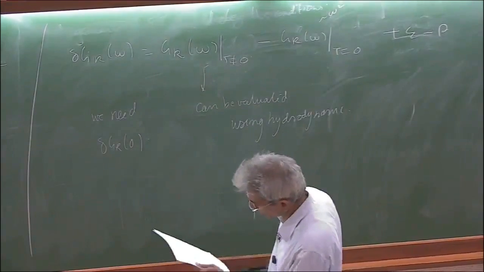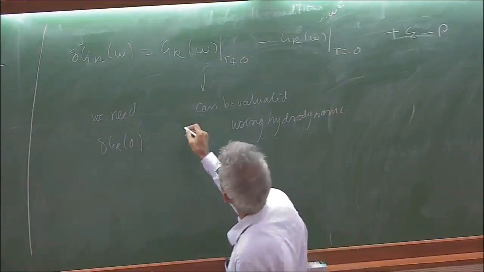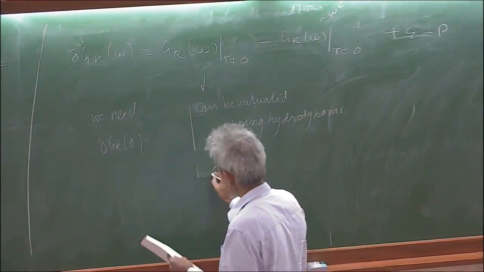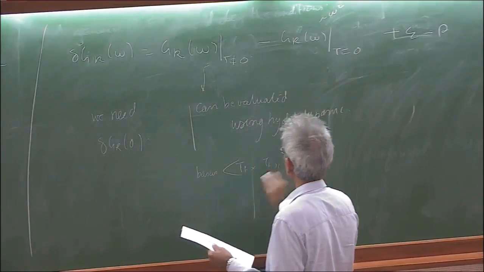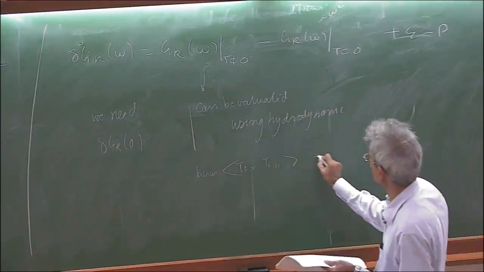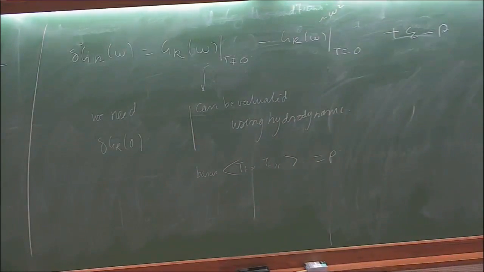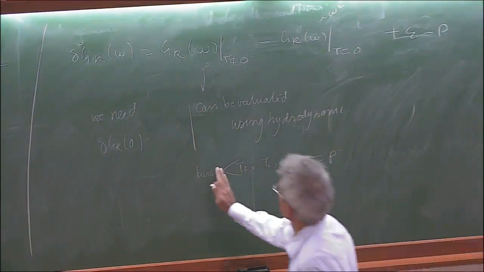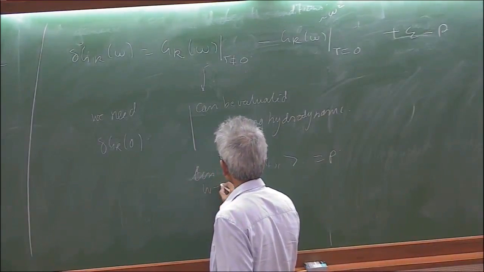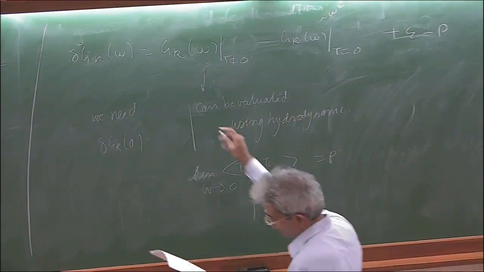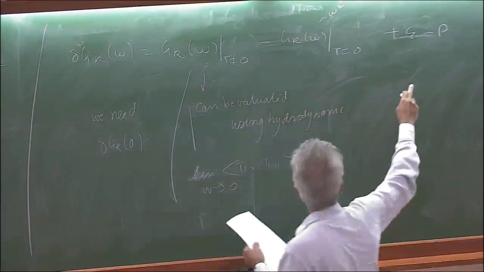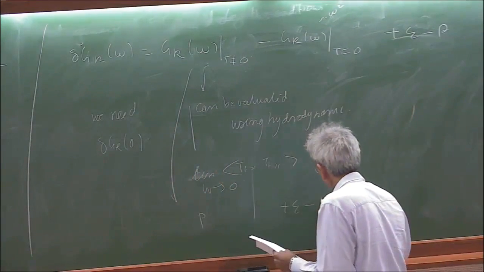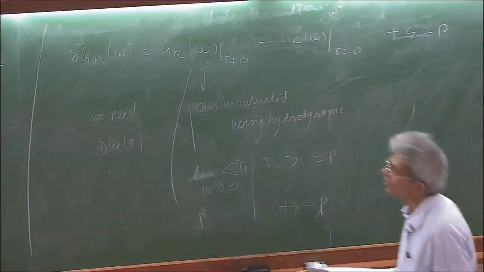This we can evaluate using hydrodynamics because it's basically the TTX correlator at 0 frequency, which is pressure. At omega going to 0, this is pressure, and this one is plus epsilon minus P, which cancels.